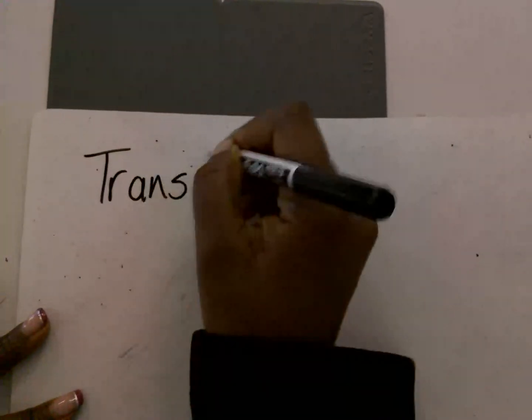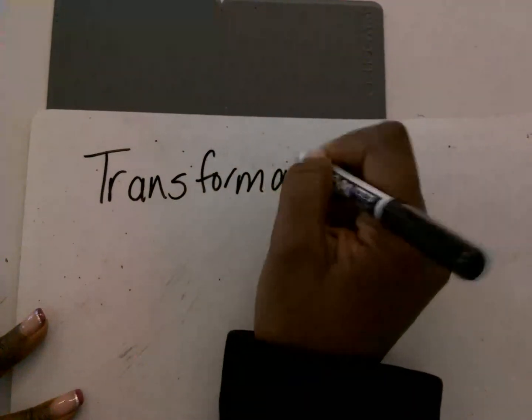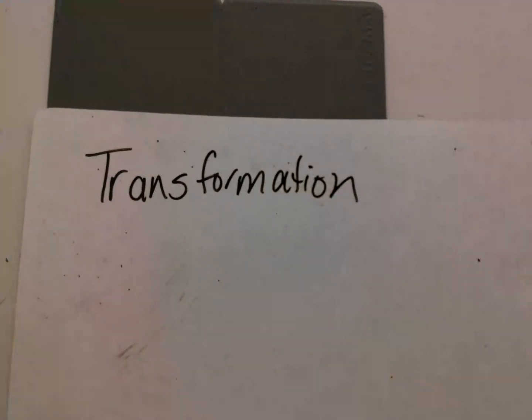All right, so we are looking at the word transformations. Okay, let's analyze that. Transformation is how something changes, like transformers. Please write it so you'll know the difference in the words. I need you to write it.